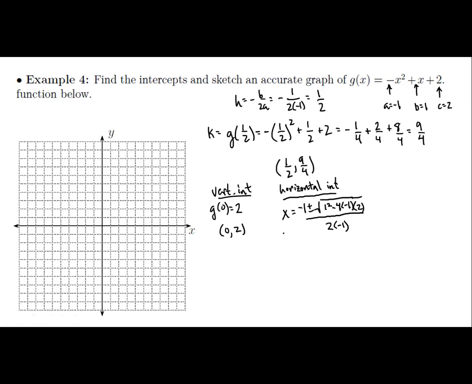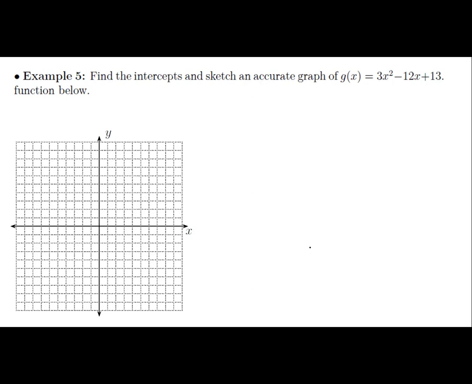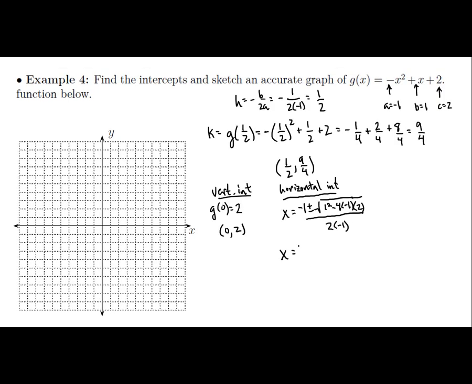So that gives me x is equal to -1 plus or minus the square root of 1, and this is going to be plus 8, so that would be 9, divided by -2, which is -1 plus or minus 3 divided by -2.